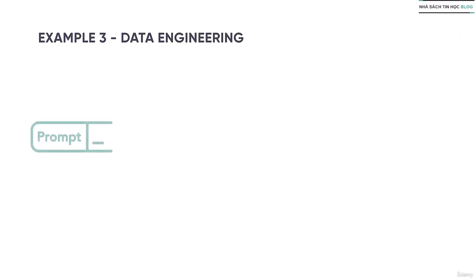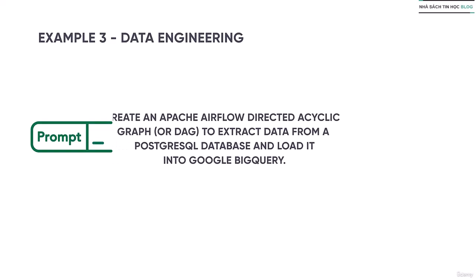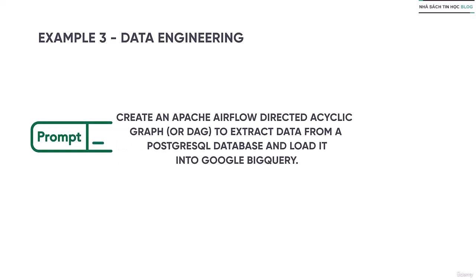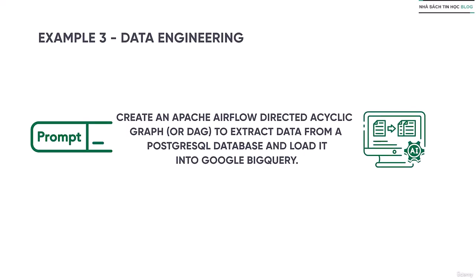For example, a developer might input a prompt like "create an Apache Airflow directed acyclic graph to extract data from a PostgreSQL database and load it into Google BigQuery." The AI generated the necessary boilerplate and configuration code, automating a process that might typically be prone to human error and manual configuration.